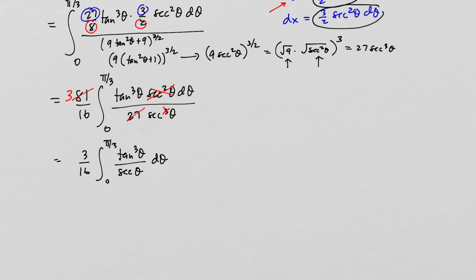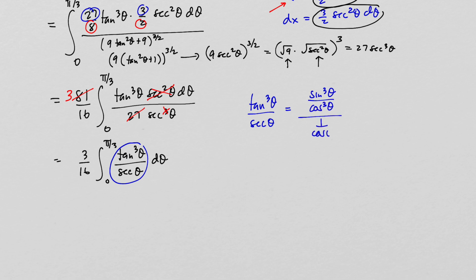Okay, so next we're going to simplify this expression here. We have tangent cubed theta over secant of theta. This is the same as sine cubed over cosine cubed divided by 1 over cosine. And that is sine cubed over cosine cubed times cosine over 1.